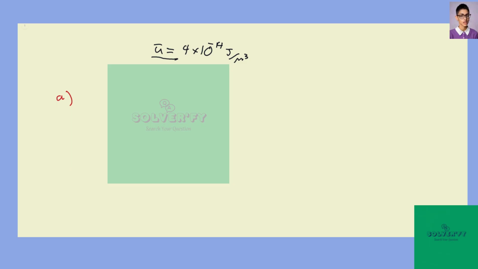So for this, we are going to go to earlier in this chapter, I believe equation 22-6a, and the formula for the energy density, U, is just epsilon naught times E squared, and the average energy density is just going to be half that value.